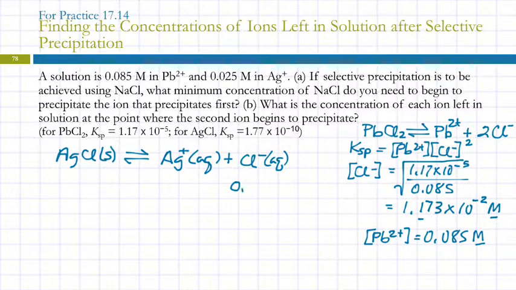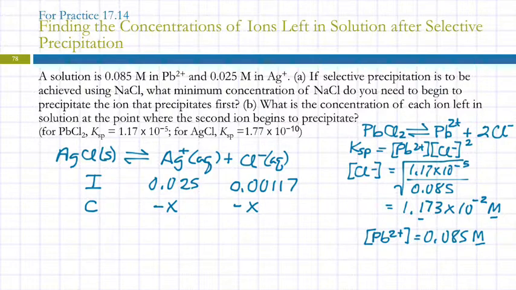So that would be, get rid of the scientific notation, 0.00117 molar, and this is 0.025 molar. And that would be the initial. And the change, they're both going to go down by the same amount, right? And then at equilibrium, we're going to have 0.025 minus x and 0.00117 minus x.